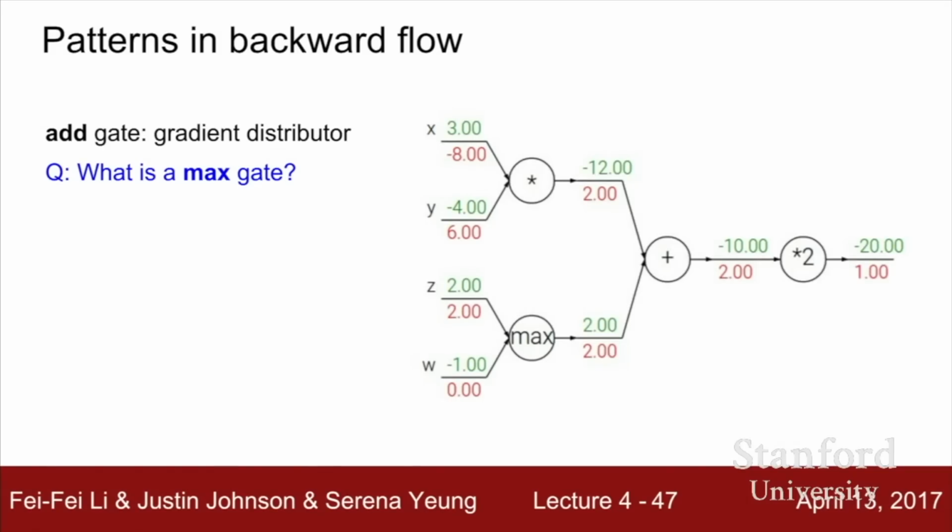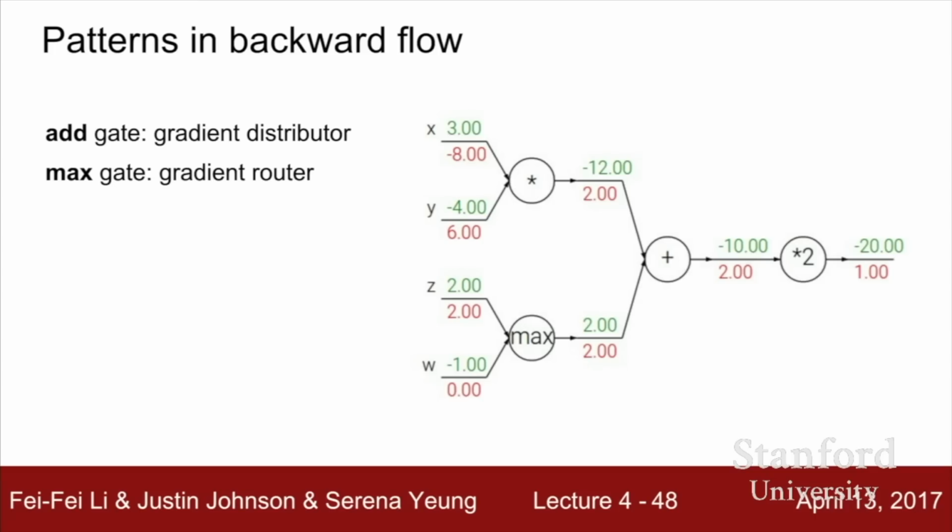Exactly. So the answer that was given is that z will have a gradient of 2, and w will have a gradient of 0. One of these is going to get the full value of the gradient just passed back and routed to that variable, and the other one will have a gradient of 0. So we can think of this as a gradient router.